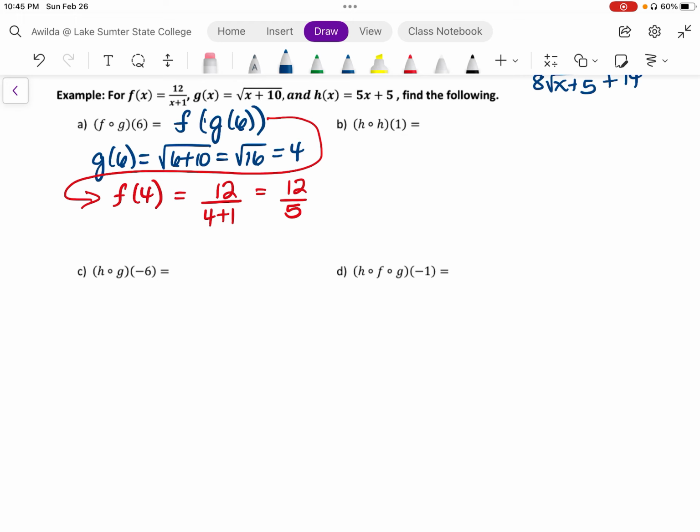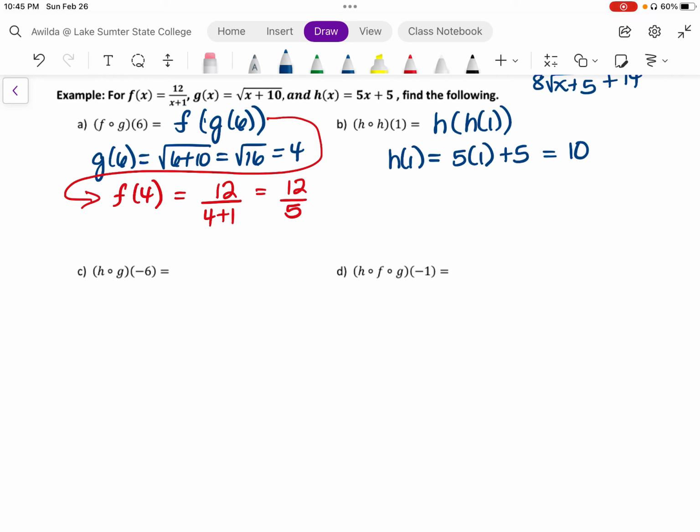In our next example, we have h of h evaluated at 1. So this is h evaluated at h of 1. Well, let's find what h of 1 is equal to. h of 1 is equal to 5 times 1 plus 5, so that's going to equal 10.